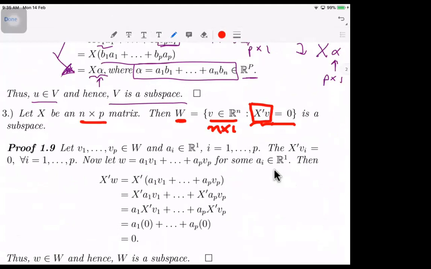So X prime here will be p by n, and V is n by 1. So the vectors in W will be p by 1 vectors. So how do you show that it is a subspace? First, you choose vectors in W.